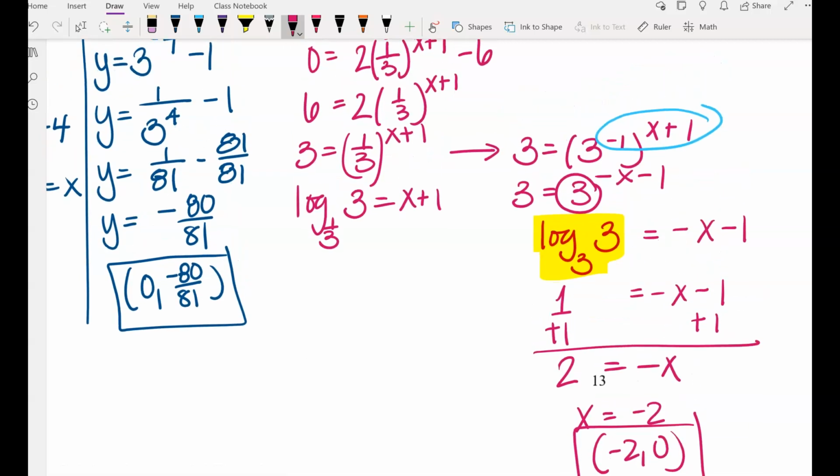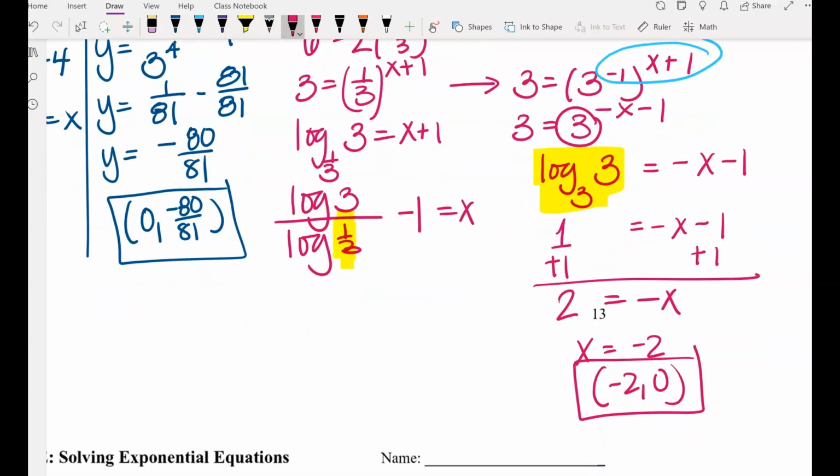Now over here, we are going to write it again using change of base, okay? And I'm just going to move the 1 over right now. Well, 1/3, we can now rewrite this as log of 3 to the negative 1 power.